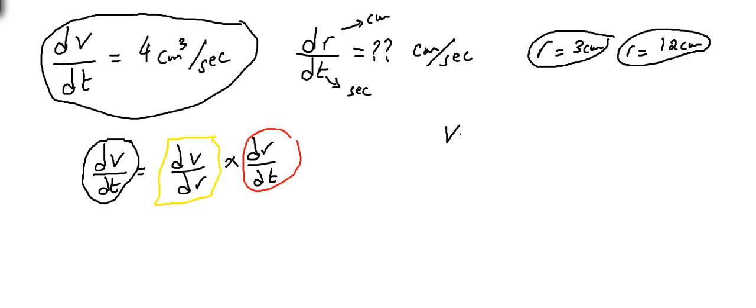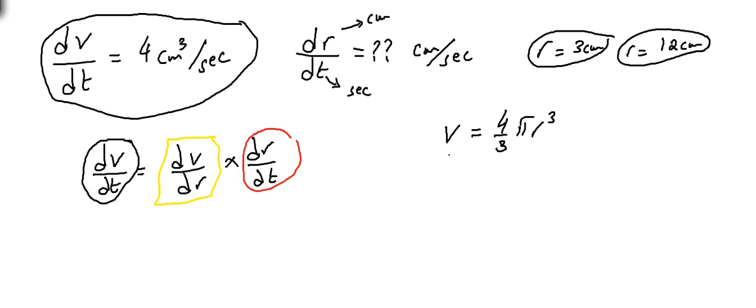And what is the volume of a sphere? We know the formula, right? The volume of a sphere is 4/3 pi r cubed.